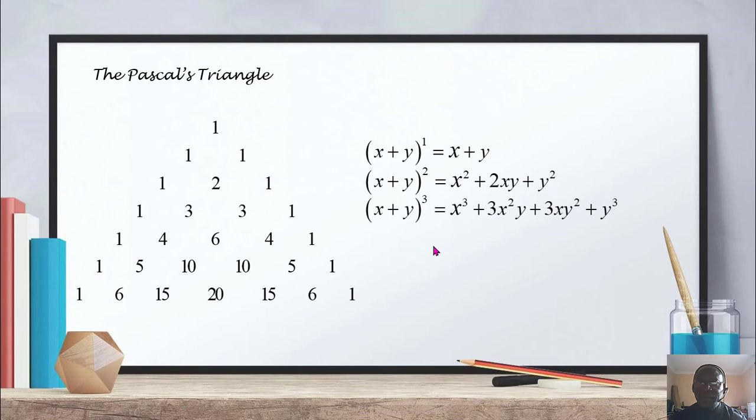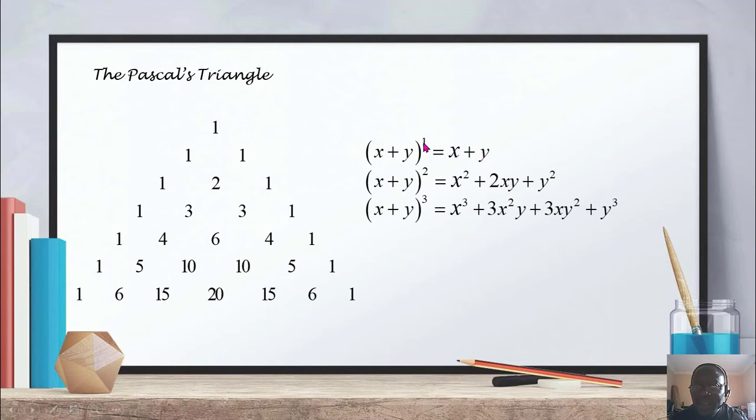Okay. Another one. X plus y raised to power 1. Okay, so this is equal to x plus y. So again, this one here corresponds to the coefficient there, which is 1, and this one there corresponds to coefficient 1 there.